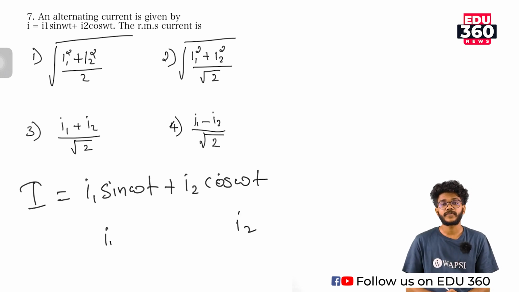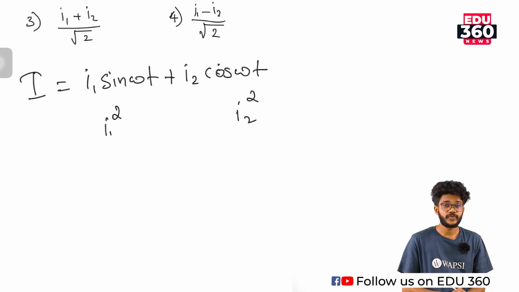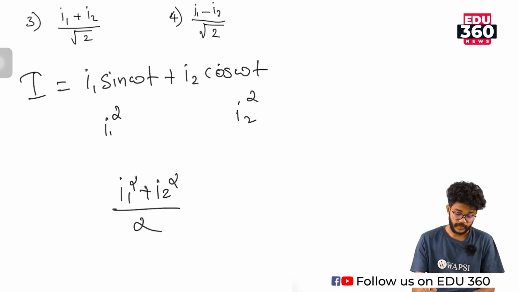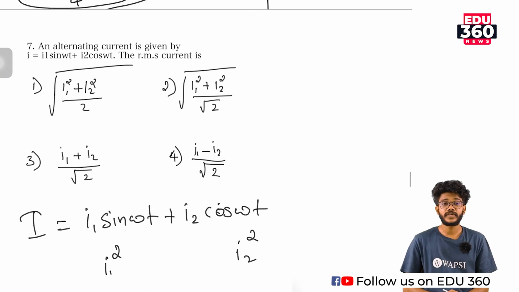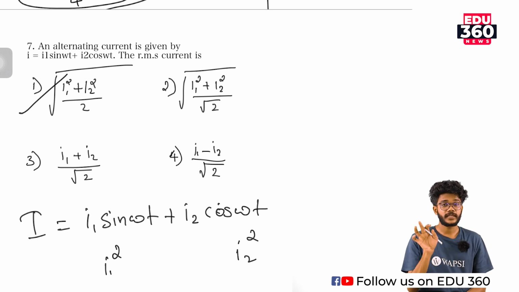Take the square of both terms: I1 square and I2 square. To find the mean value, add these values and divide by 2. So I1 square plus I2 square divided by 2, and take the root. Which option is correct? Option A, the first option, is the correct answer: the root of I1 square plus I2 square by 2.